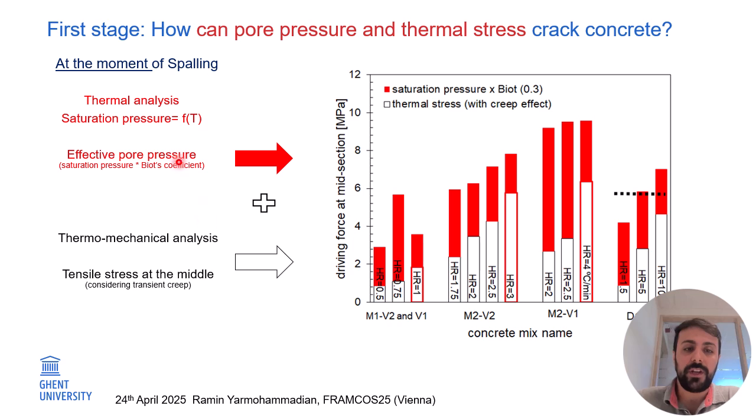The combination of the effective pore pressure and tensile stress for each different concrete reaches almost the same threshold at which the concrete explodes. If the heating rate is higher, the share of the thermal stress prevails over the effective pore pressure. If we go slower, the pore pressure part prevails in the end.